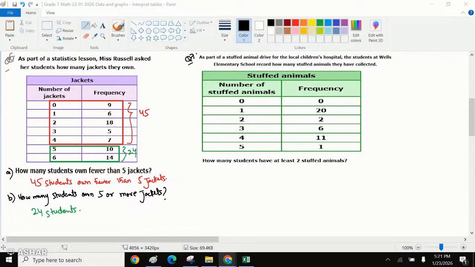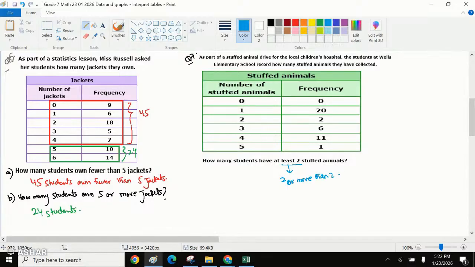Okay, if it's 0, 1, that means less than. Okay, we need to see over here what at least means. At least 2 means it could be 2 or more than 2.